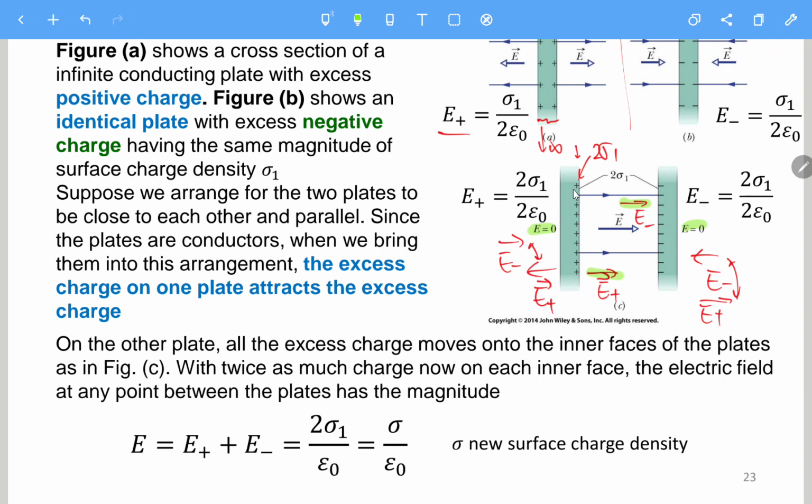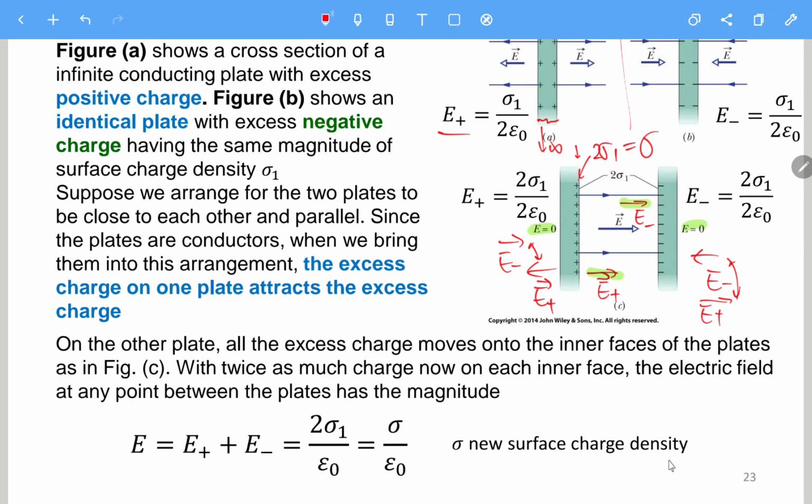And then we call the new density sigma. So finally it is sigma over epsilon naught, where sigma is the new surface charge density.